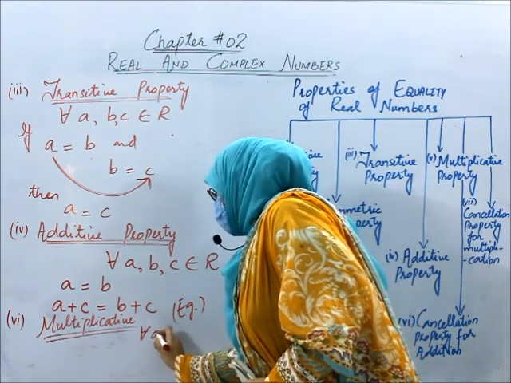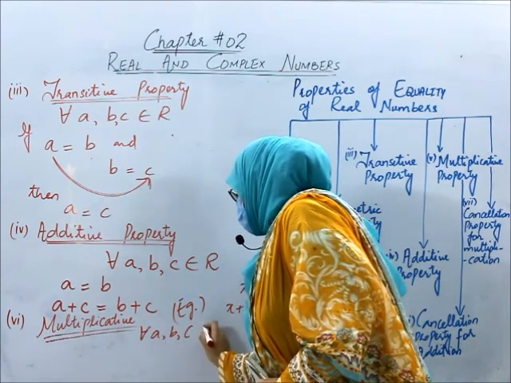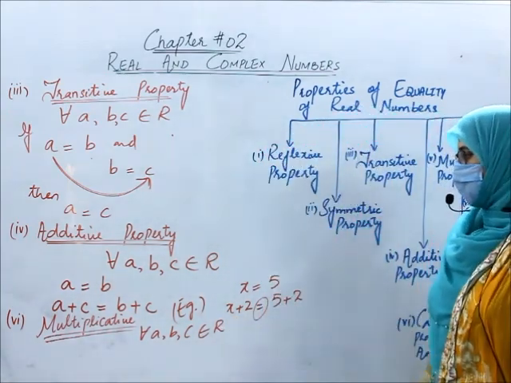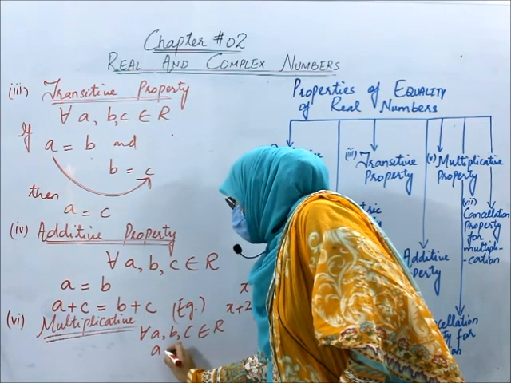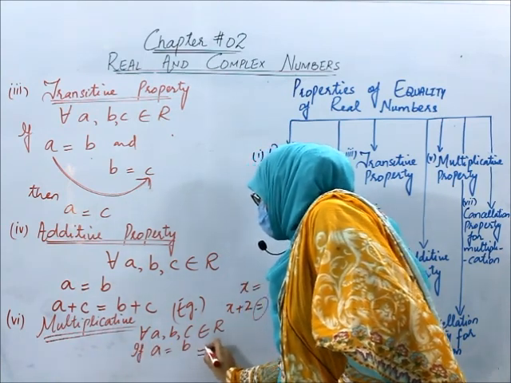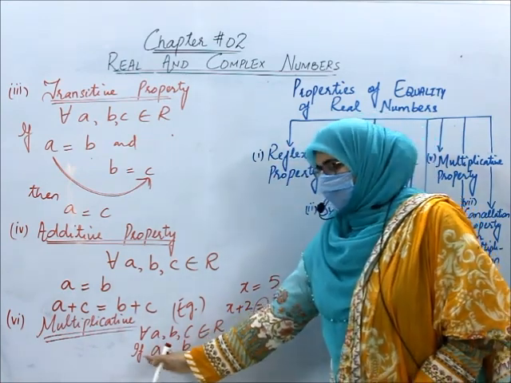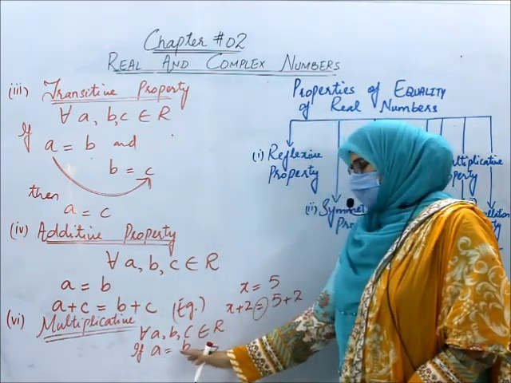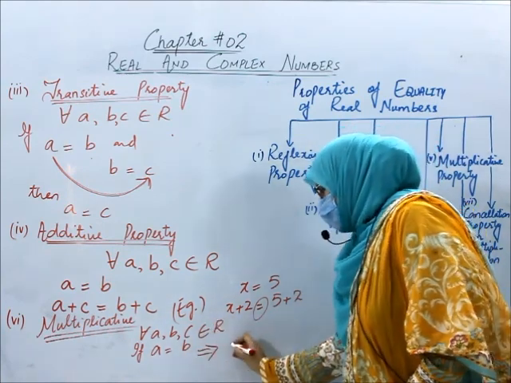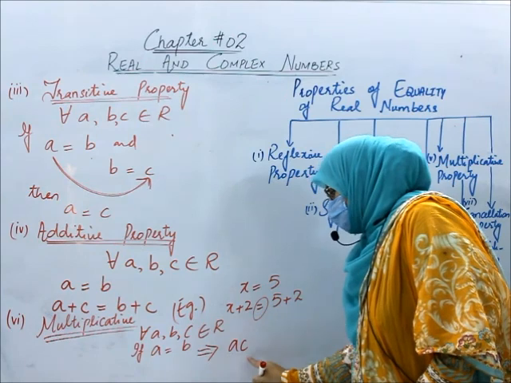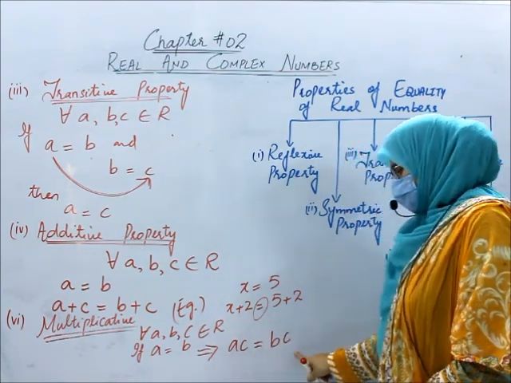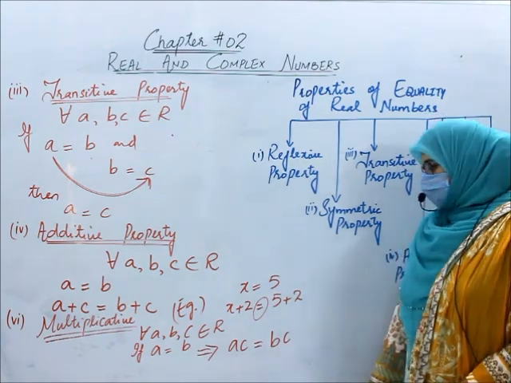That is, for all A, B, C which belong to the set of real numbers, if A equals B and we multiply C on the left side, the same number would be multiplied on the right side of the equation to keep the balance of the equation.